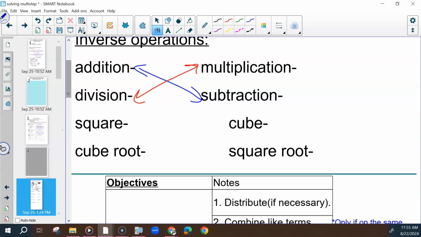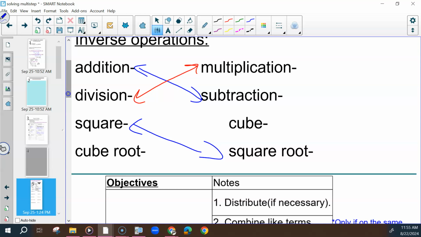Those are the main ones we're going to use, but sometimes these pop up. What would be the opposite of squaring something? Square root. If I took 2 squared, that's 2 times 2, that's 4. But if I took the square root of 4, we know that's 2. They undo each other.